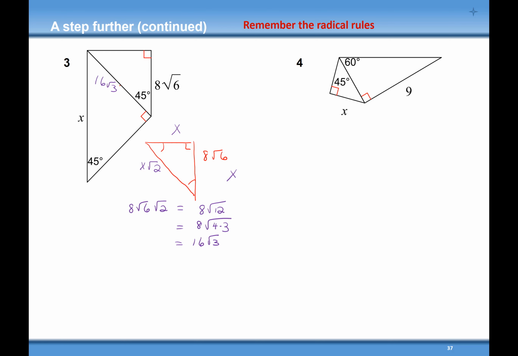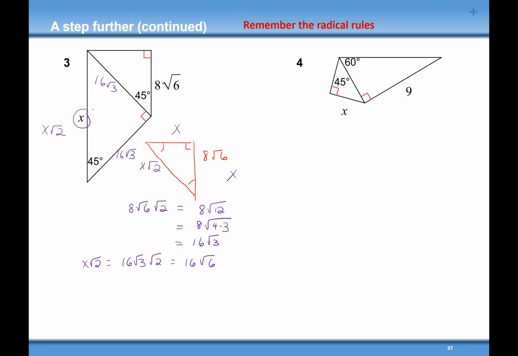Well, again, this is another 45, 45 right triangle, so that means this second side is also 16 root 3. And remember, the hypotenuse in terms of the ratios is x radical 2. So again, we're going to take x radical 2 and substitute in 16 radical 3 times radical 2, which gives us 16 radical 6 for this x here, for the x in the equation.